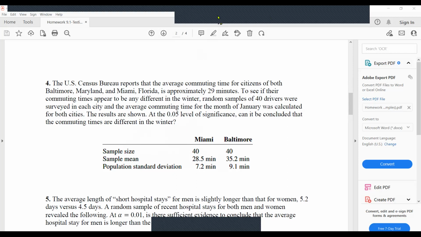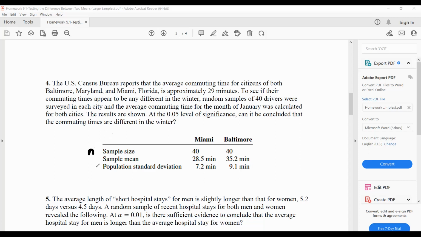So remember, just for some context, these are your n's, your sample sizes. These are your X bar, and you'll see why you need that in a minute. And these are your sigma, okay? Population standard deviations are your sigma.